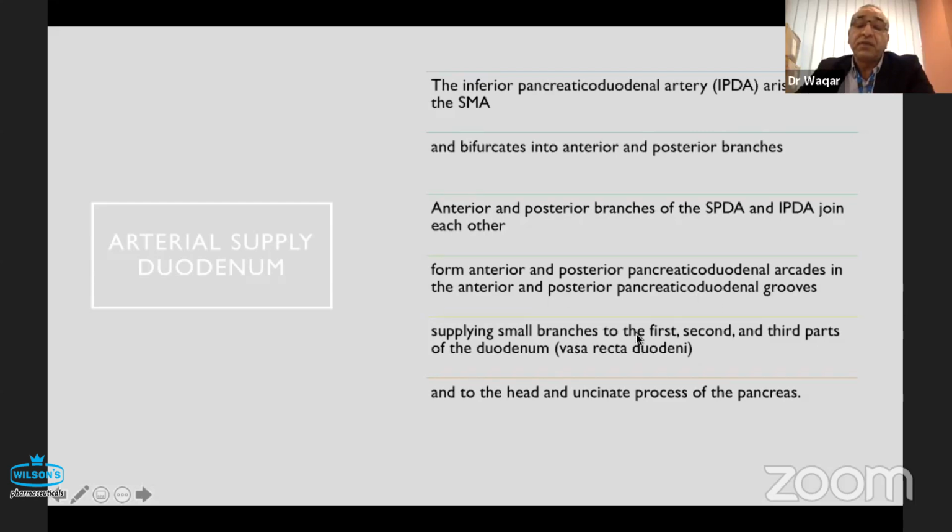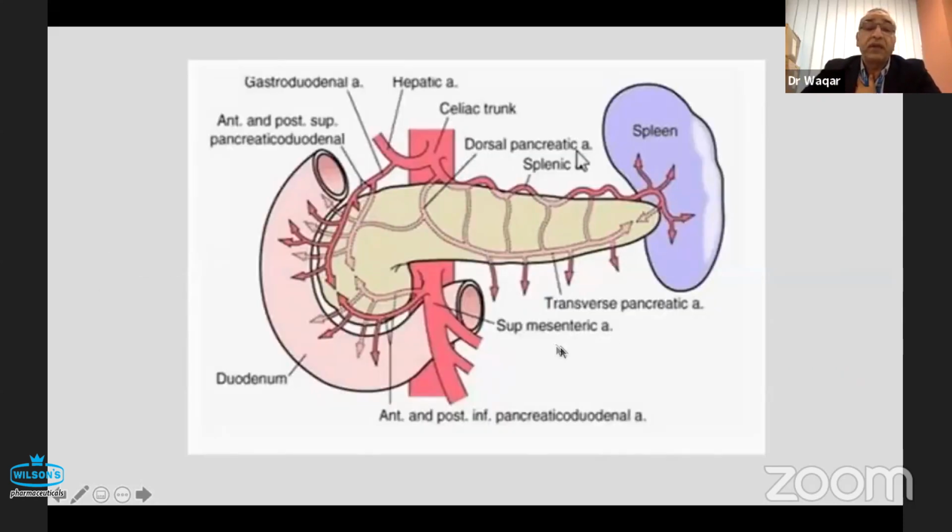They then supply direct branches, the vasa recta duodeni, into the duodenum. We'll just go back again. So those are the end branches that go and form a plexus around the duodenum. Those plexuses also supply the papilla.